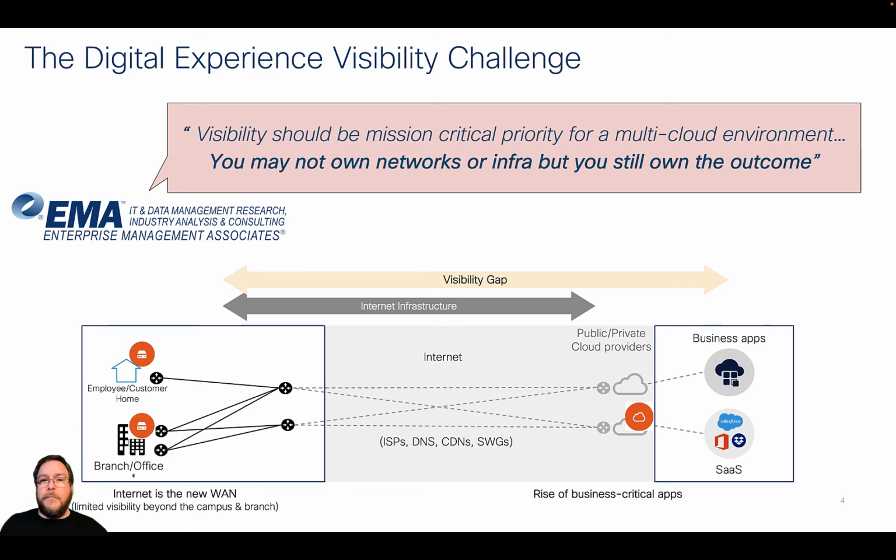We have employees at home. They could be at a branch or a larger office. And sometimes in those environments, we have good visibility into what's going on. But as the equipment and as our traffic goes across the big I internet in a shared infrastructure with private service providers and public and private cloud providers, we have very little visibility into that infrastructure.